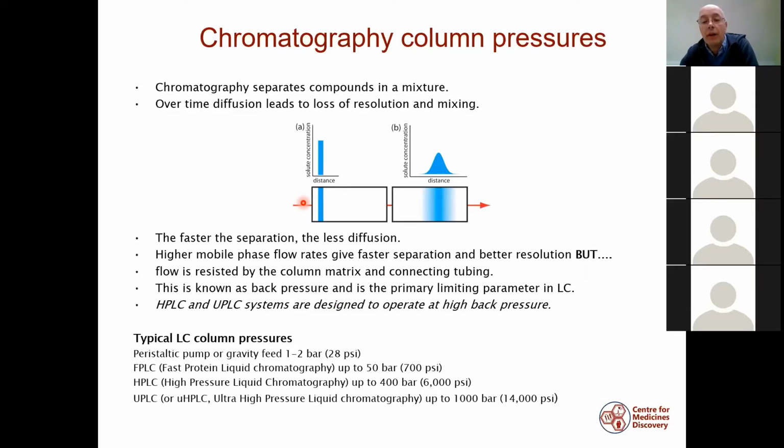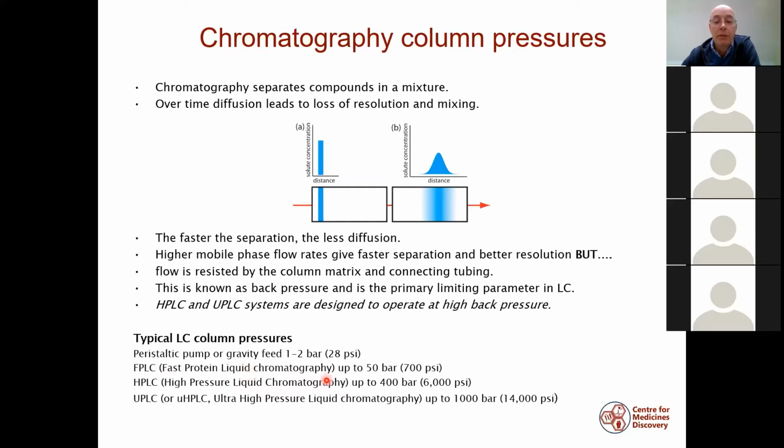And this is, I would say, the primary limiting factor in liquid chromatography. So high pressure liquid chromatography and ultra high pressure liquid chromatography are systems which are actually designed to operate at extremely high back pressure. To give you some idea, a gravity flow would have a pressure of a single bar.